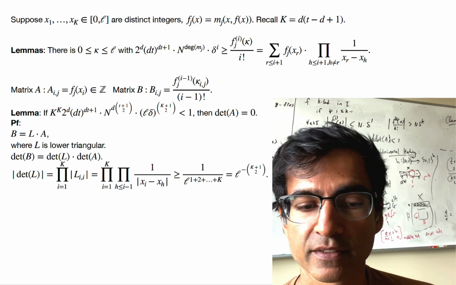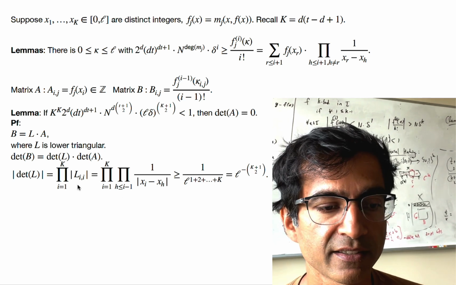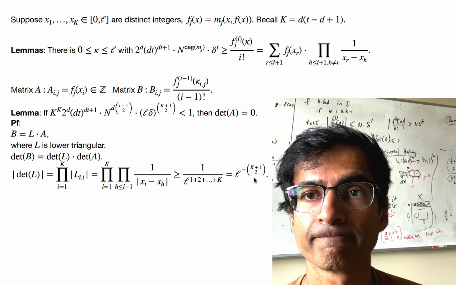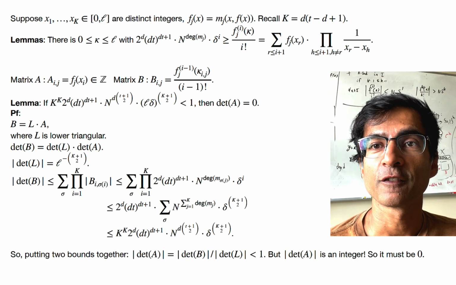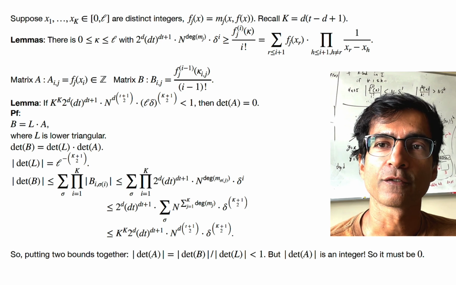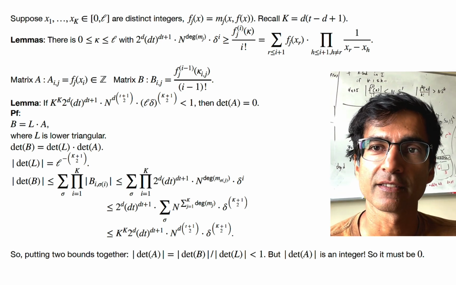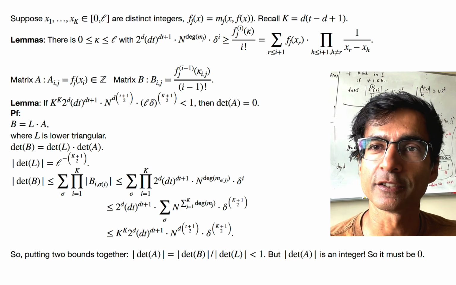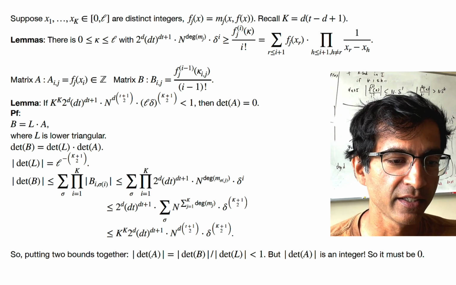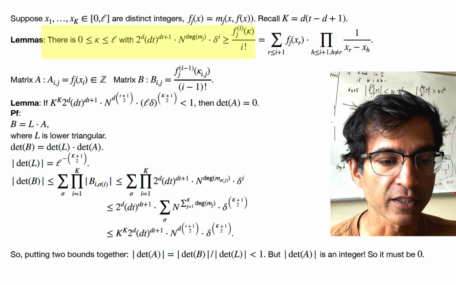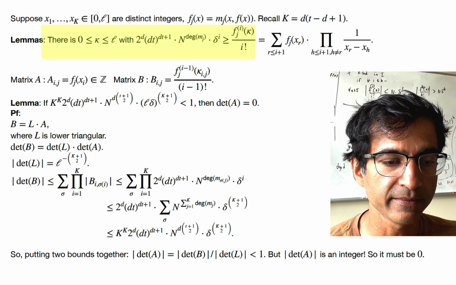So here you have the nice formula that this determinant is at least L to the minus k plus 1 choose 2. Now to bound the determinant of B, we can use the formula for calculating the determinant that uses all the permutations and taking the relevant products, just writing the determinant as a sum of products. And the lemma that we have here says that you can control that by this quantity.